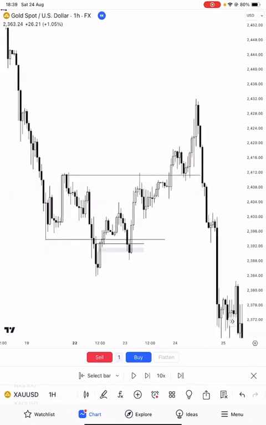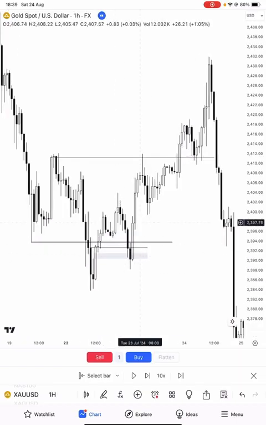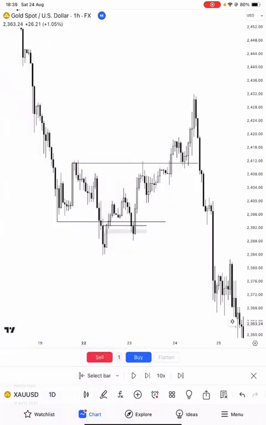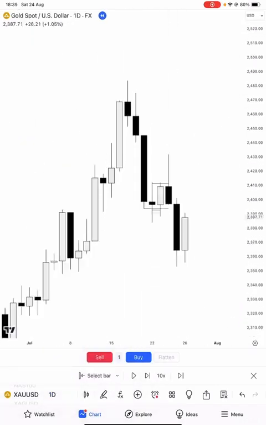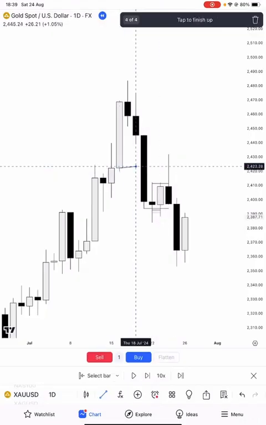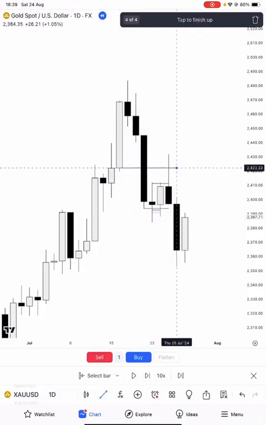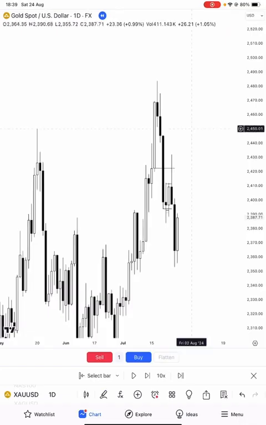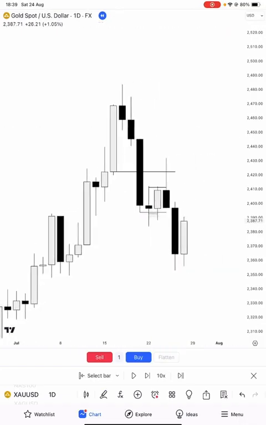However, once we got up there, we drop. Why? Because the hourly chart was bullish until a higher time frame PDRA is met. A daily order block, the candle that stabbed the high.